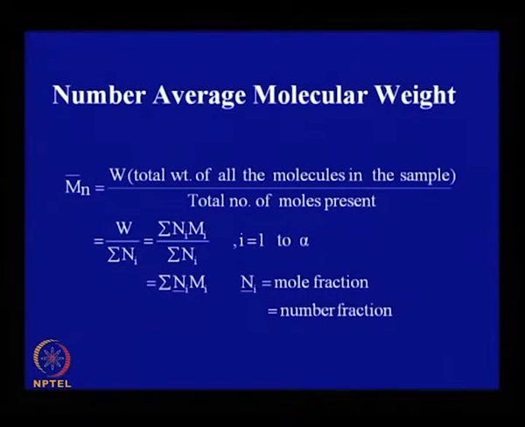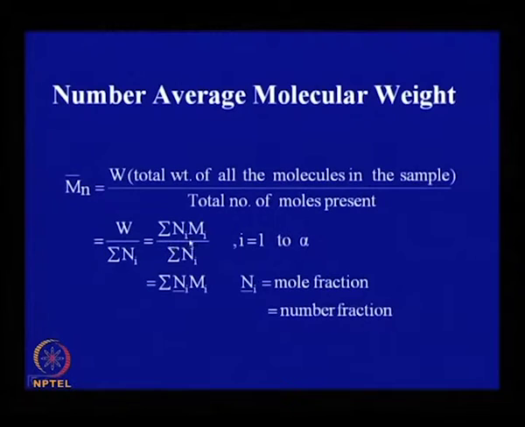You know a relation that if you divide a mass of a material by its total number of moles present, then you can get the molecular weight. A simple concept. From that concept, here you see the number average molecular weight can be calculated using this relation.